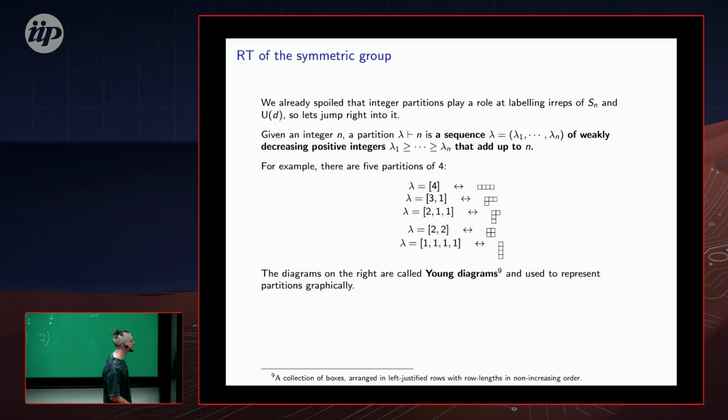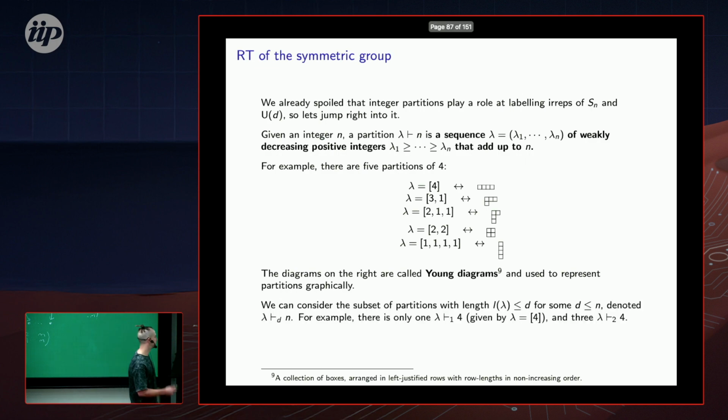So 4 is, for example, 4. That's the first partition. But 4 is also 3 plus 1. That's the second partition. 4 is also 2 plus 1 plus 1, and so on. Or 1 plus 1 plus 1 plus 1. The things on the right are called Young diagrams, and are used to represent partitions graphically.